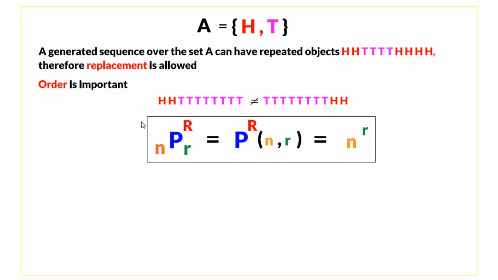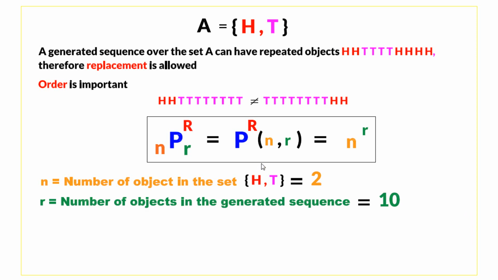So we can apply the formula of permutation with replacement of n objects taken r at a time. So n is the number of objects in this set, which is 2, and r is the sampling size, so we are generating a sequence with 10 letters, so r is 10.